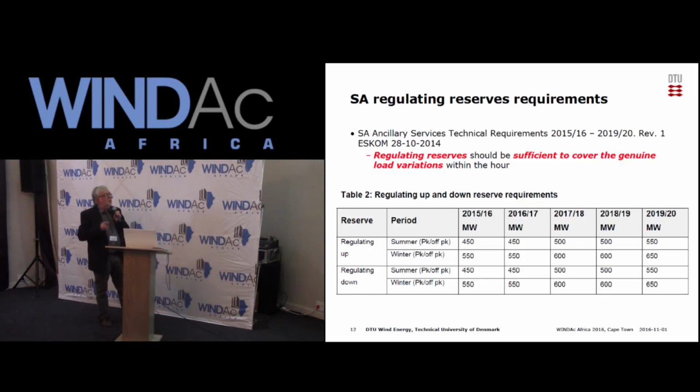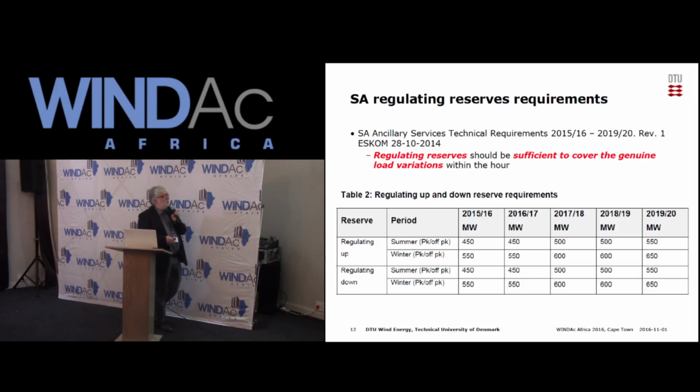So first, we look at the regulating reserves requirements. That was number 2 on the list, the automatic reserves, the AGC reserves. And what it says in the South African Ancillary Service requirements is that the regulating reserves should be sufficient to cover the load variations within an hour. So this is not from hour to hour, but what happens within the hour. This is a nice definition. It's really related also to the ramp rates, you can say, but not of the wind, but of the loads.